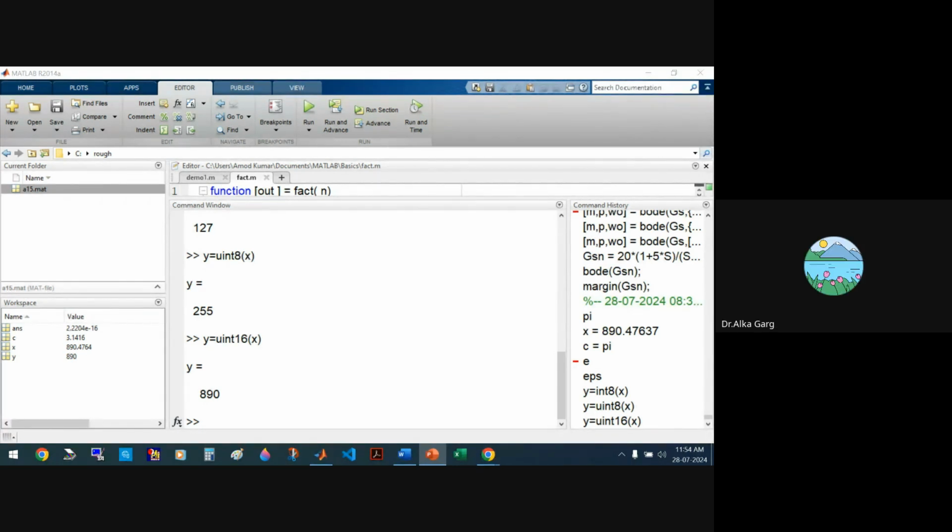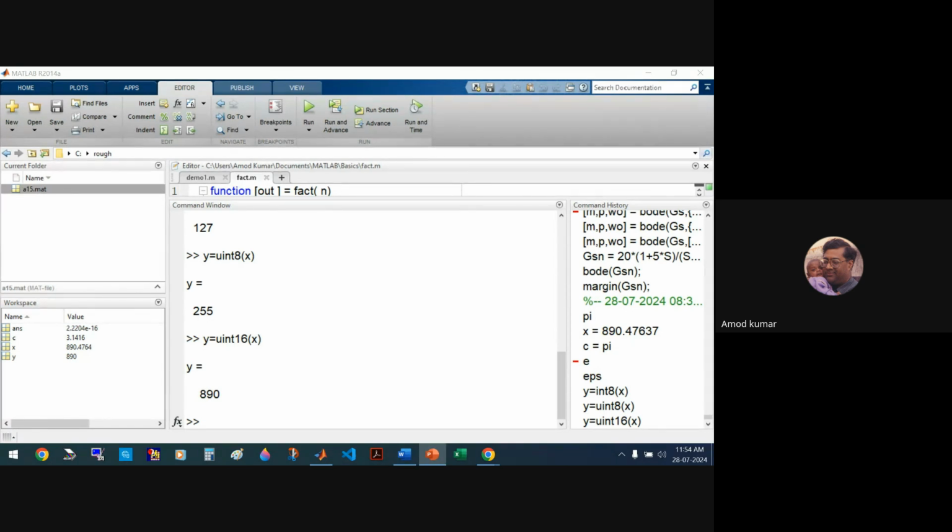Suppose I have a query. Yes, shouldn't it give 65535? You are not asking it to give the maximum number.